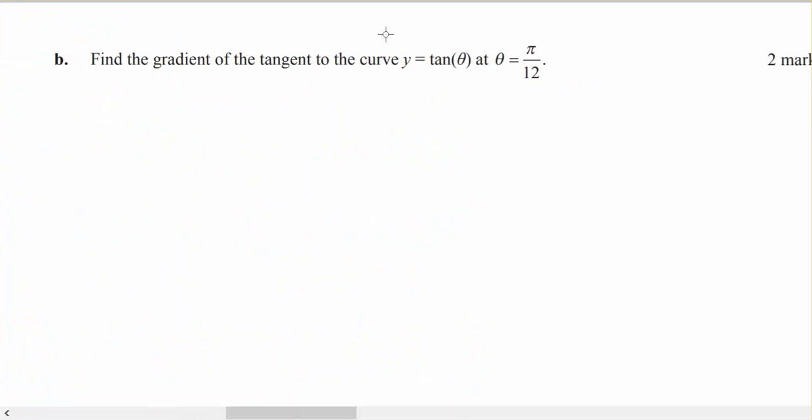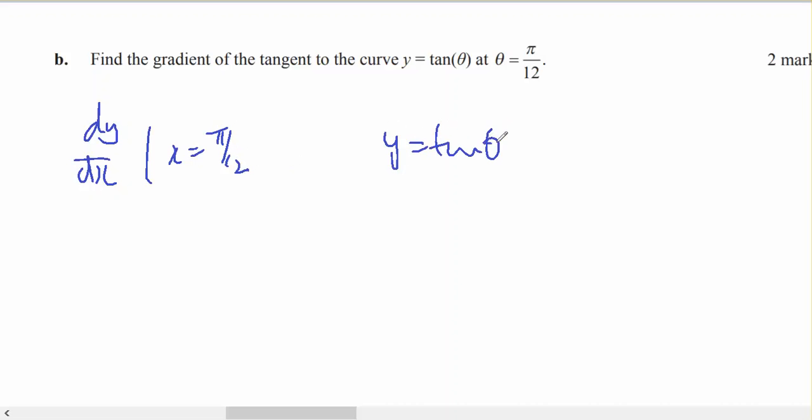Okay, the next bit is part B, find the gradient of the tangent to the curve. Therefore, I want dy dx given x equals pi on 12. So if y equals the tan of theta, then dy dx equals sec squared of theta, or 1 on cos squared of theta.